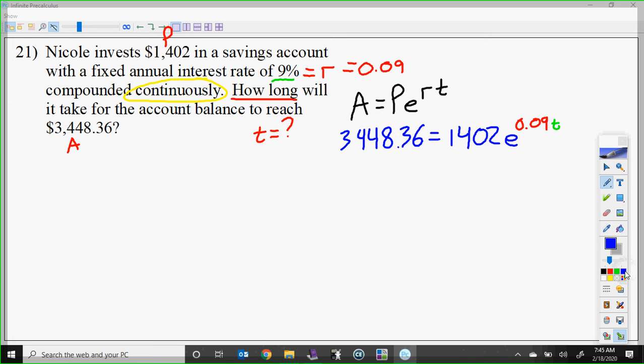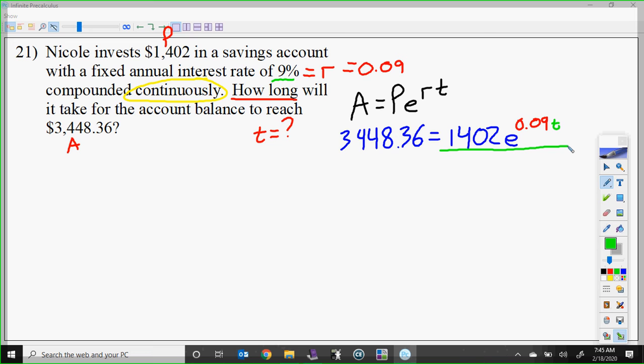Alright, but how do I solve for T? It's in the exponent. Well, if it's in the exponent, that means this is an exponential equation. We've solved exponential equations by ultimately changing them to log form after I get the base with the exponent by itself, just like we did on the earlier problems. Alright, so I need to get this away, that 1402.